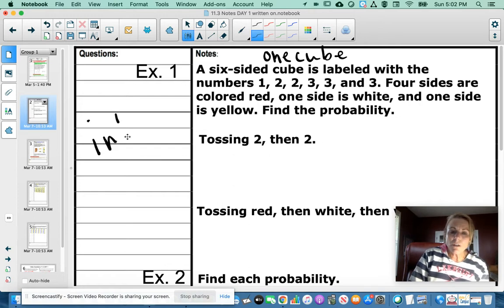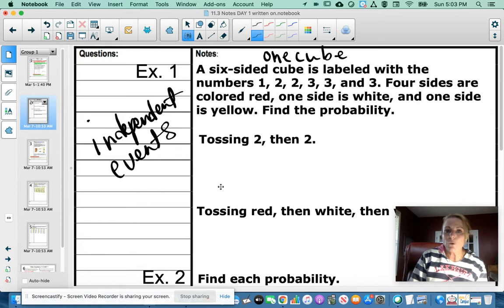These are independent events because I'm going to grab the cube and roll it. The probability of getting a 2, well, there are 2 2s, and there are 6 different sides to the cube. So that is 2 over 6.